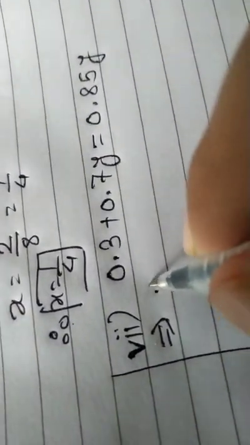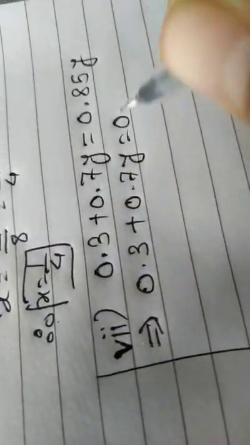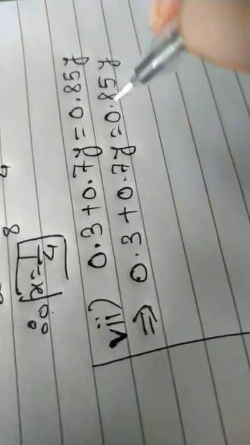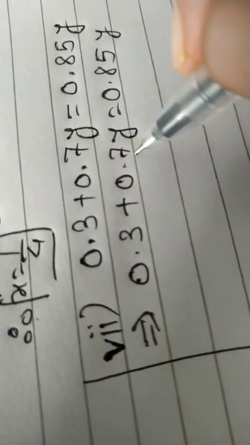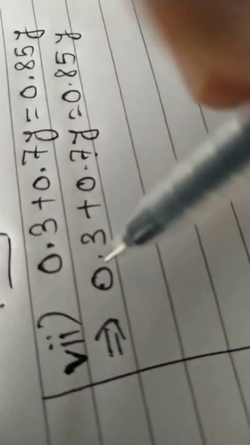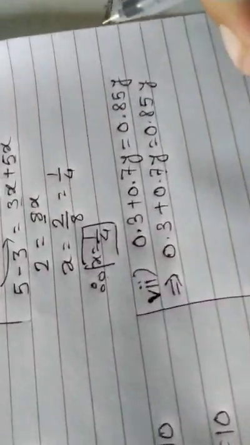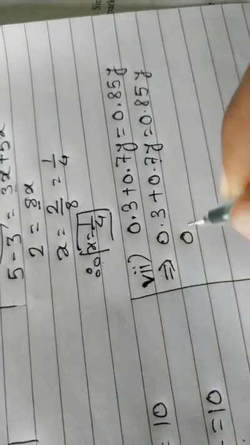We use transposition. If you want, you can solve it this way, or you can multiply the entire equation by 100. That also you can do. So let's see how we are going to solve.